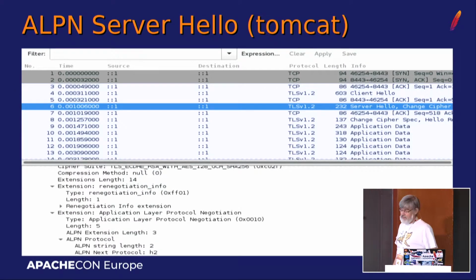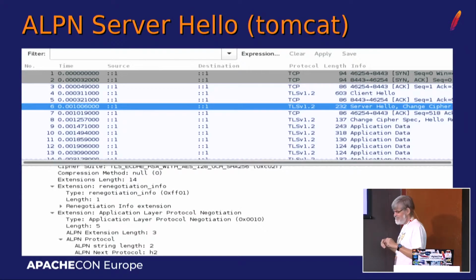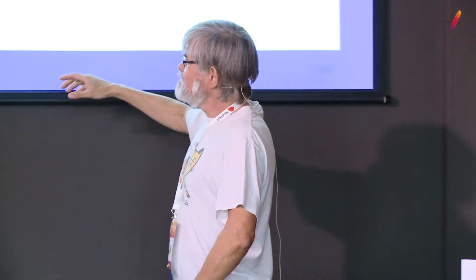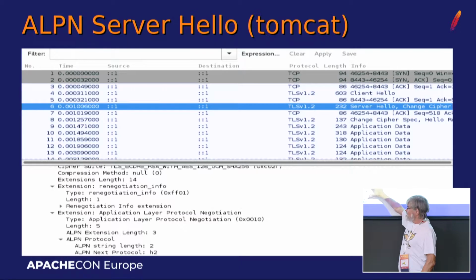So Tomcat is going to answer. It's really Tomcat; it's not that I have written something, because it's a Tomcat trace. So this is the answer from Tomcat. In the server Hello, Tomcat is going to send the ALPN extension.